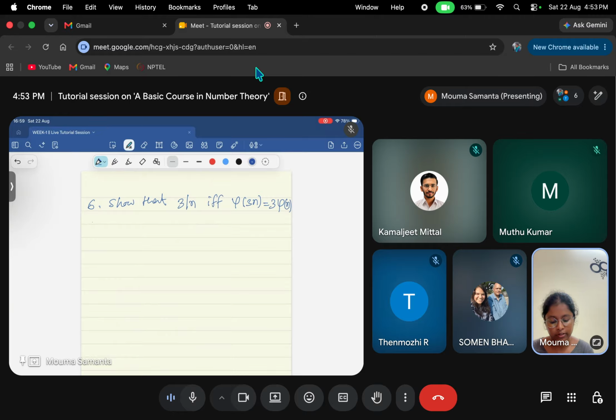So can you try this problem? At least one direction, can you tell me? In a similar way you can show this one, considering the prime factorization of n.